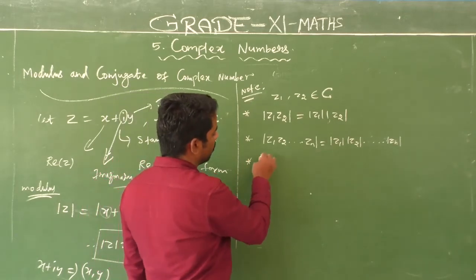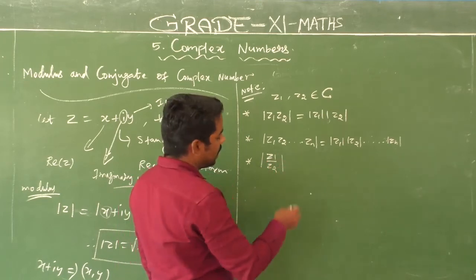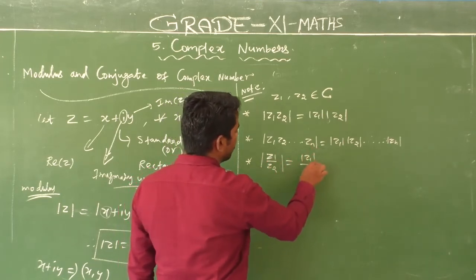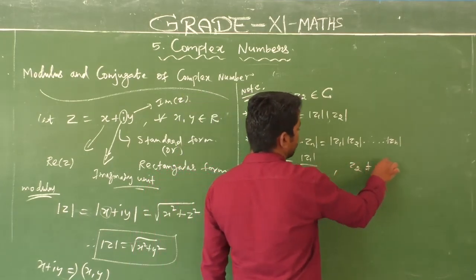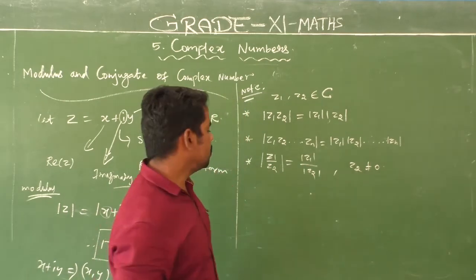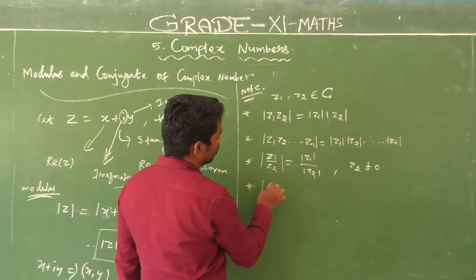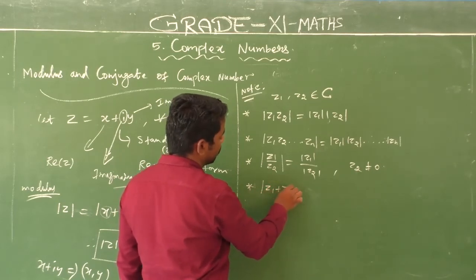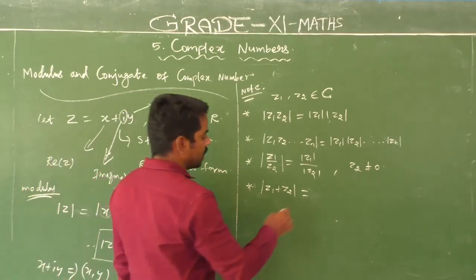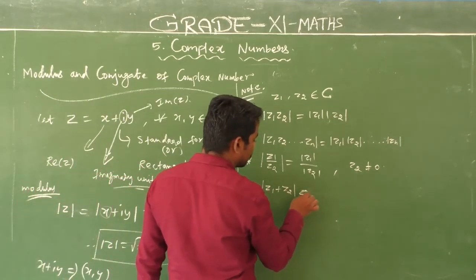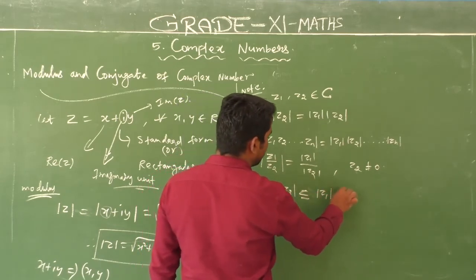And for division of two complex numbers, the modulus of z1 by z2 is equal to modulus of z1 by modulus of z2. Here z2 is not equal to 0. And the modulus of z1 plus z2 is less than or equal to modulus z1 plus modulus z2.